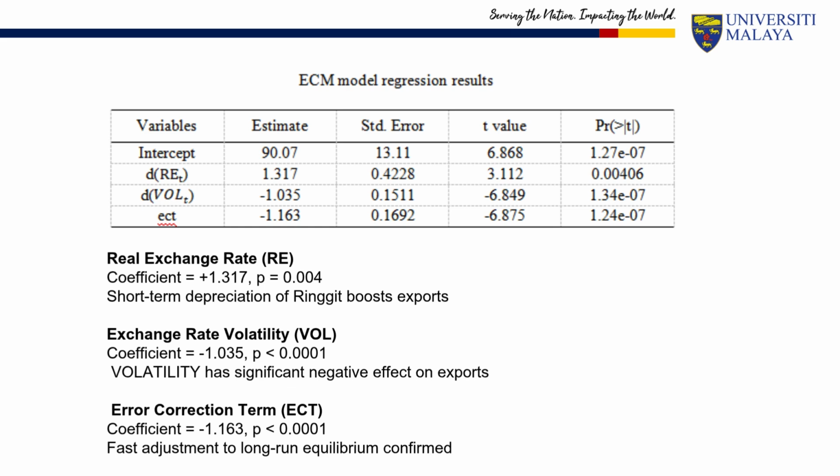When the exchange rate becomes unstable, companies, especially small ones, try to reduce exports to avoid risk. And finally, the error correction term is negative and significant, meaning that after short term shocks, the system quickly returns to long run balance. So, in short, this model shows that both the level and the volatility of exchange rate matter. Firms respond quickly, but uncertainty can weaken export performance.